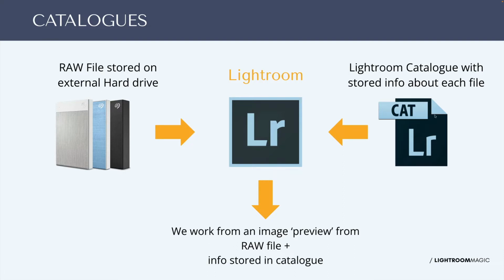And the other piece of the puzzle is the Lightroom catalog. The Lightroom catalog stores information about our edits, our previews, and metadata, and then we have our raw files. So we need these 3 things in order to edit. We actually edit from an image preview of the raw file that's stored in the information in the catalog.